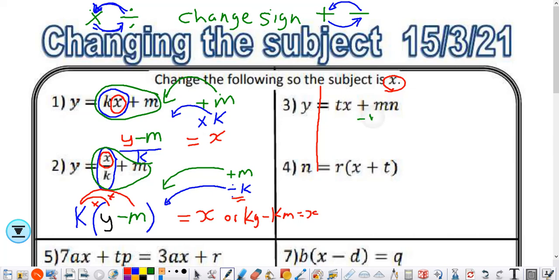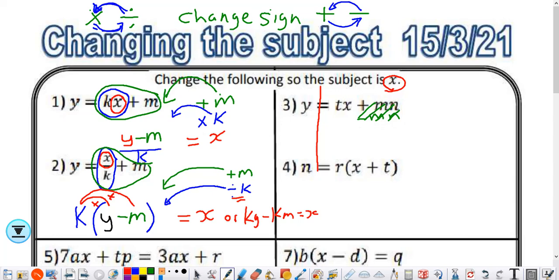I'm going to take away m and n from the side where the x is, because if I take the whole of that away, if I've got an m and n, m times n, if I take that mn away, I've got nothing. It leaves 0. Okay, so I've got one of those and I take it away, that's going to cancel and leave me nothing.